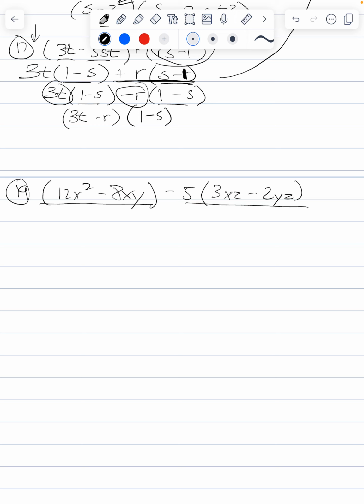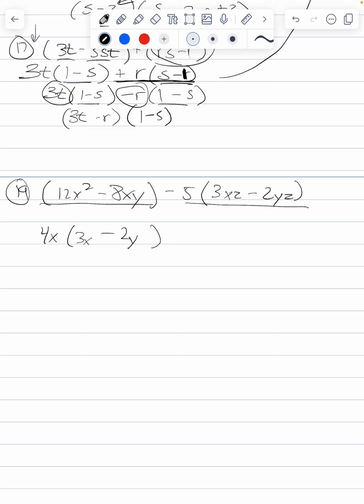Then we'll look at the whole thing. So let's look at this first one, 12x squared minus 8xy. I can see that 4x is the largest common factor. Once I take that out, 12x squared divided by 4x is 3x, minus 8xy divided by 4x is 2y.